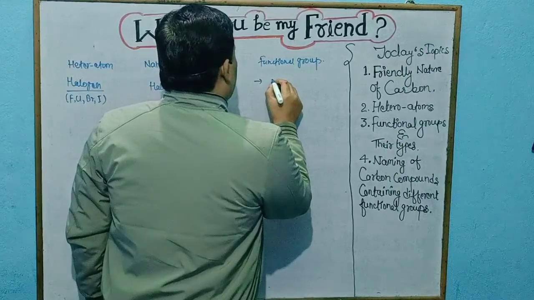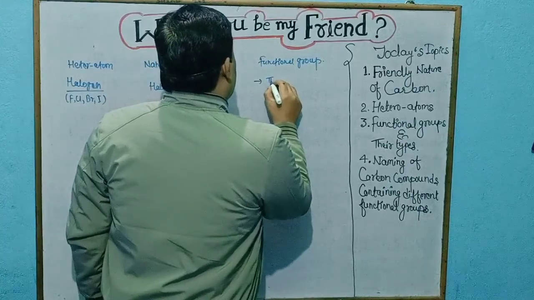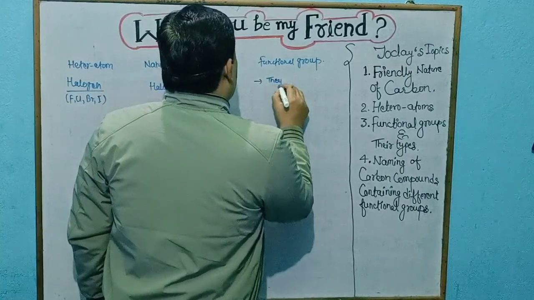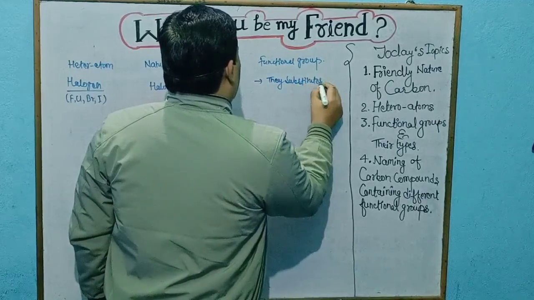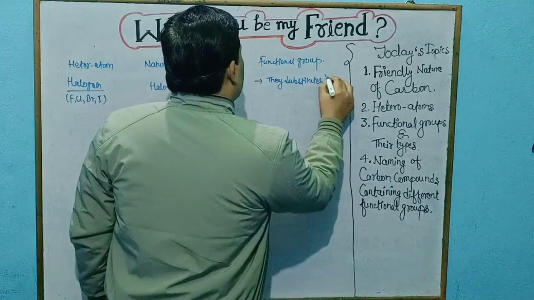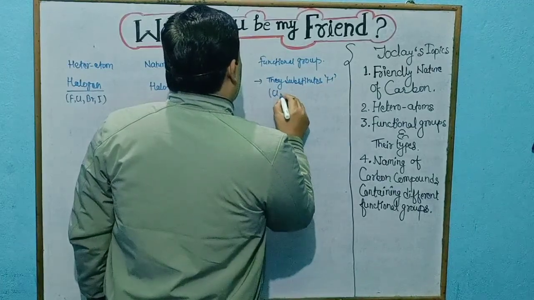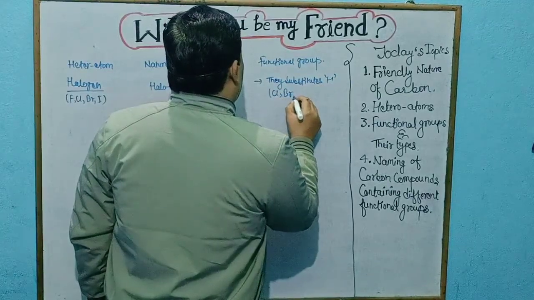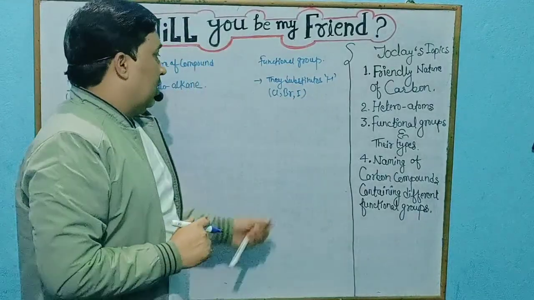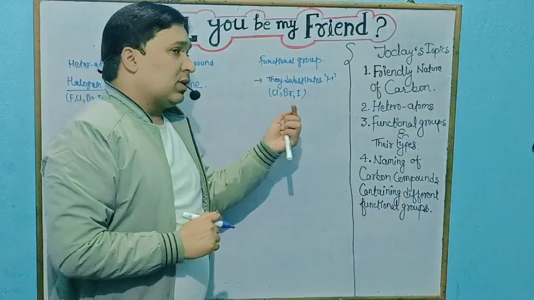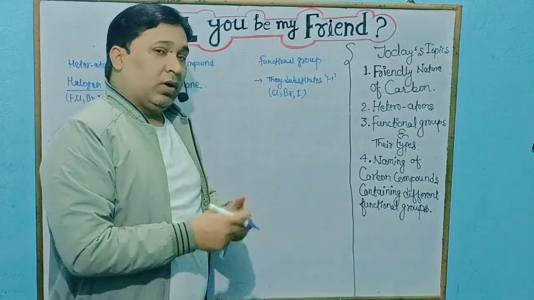So they substitute hydrogen. Actually, they all want to share one electron to complete their octets.